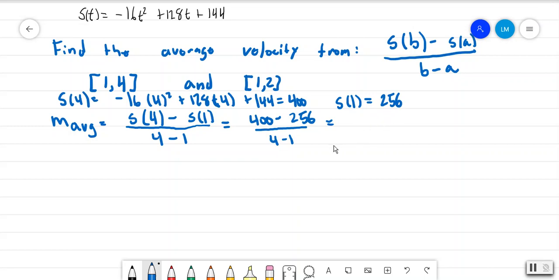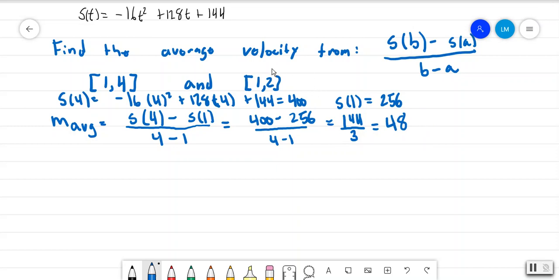Okay, so hang on. 144, sorry. So 144, I'm thinking of the next problem, divided by 3. Okay, so what this does is it gives us that this is going to be equal to 48.